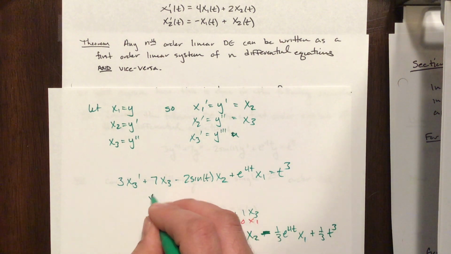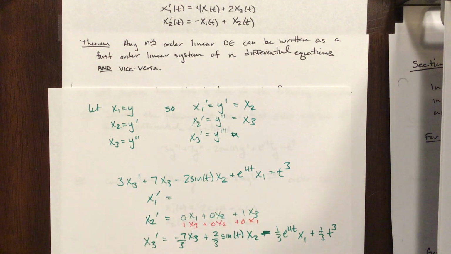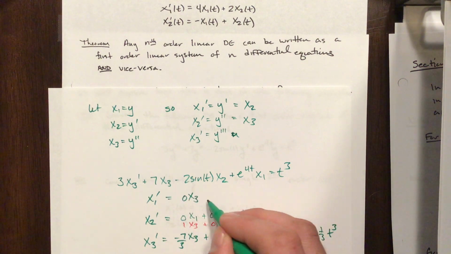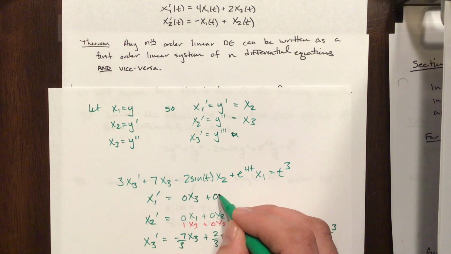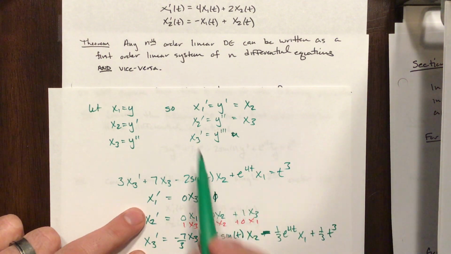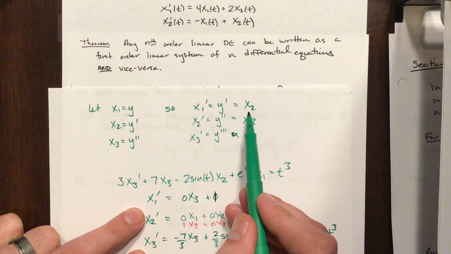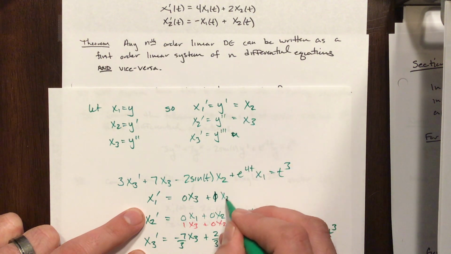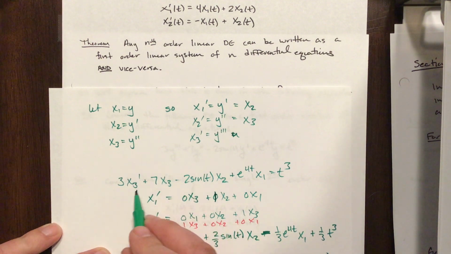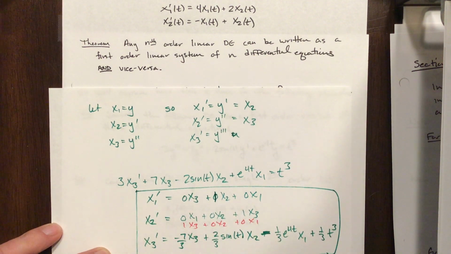And then what? x1 prime is equal to 0x3 plus, well, x1 prime is equal to x2, so it's equal to 1x2 plus 0x1. And there's the system.